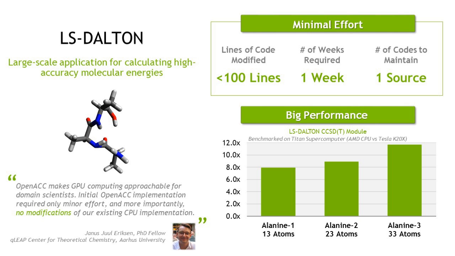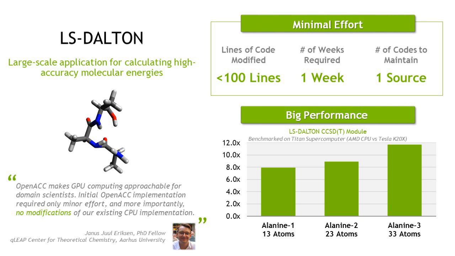The developer we're highlighting here, Janus Juel Eriksson, he is a PhD student in chemistry. His background is in chemistry, and he understands enough Fortran to be able to do computational chemistry, but he's certainly not a computer scientist. And so for him, something like CUDA or something like OpenCL just really was too much effort for him as a non-computer scientist.